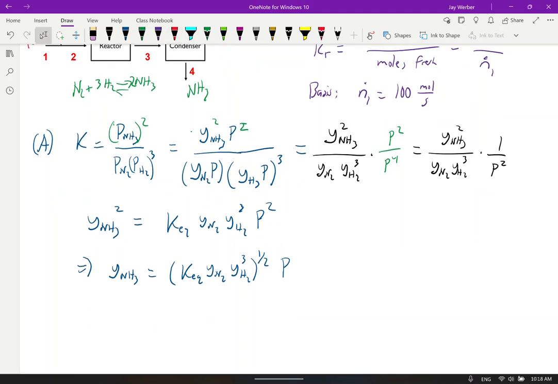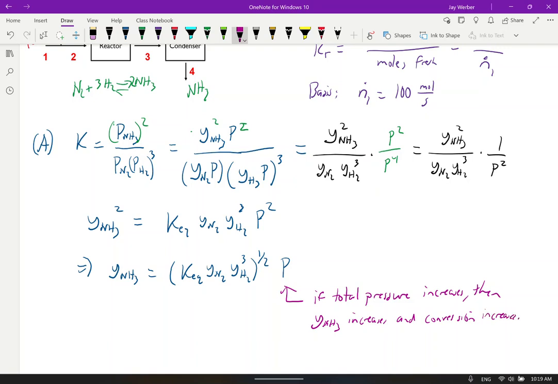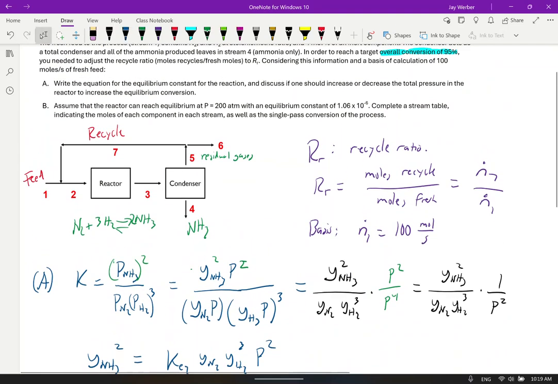In other words, it's pretty clear that if total pressure increases, then the y_NH3 increases and conversion increases. Okay. So that pretty much answers question 1.